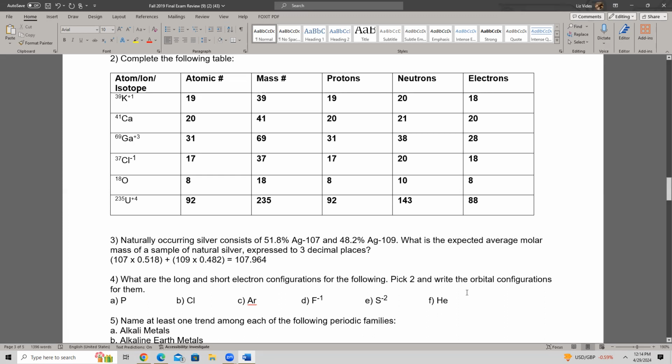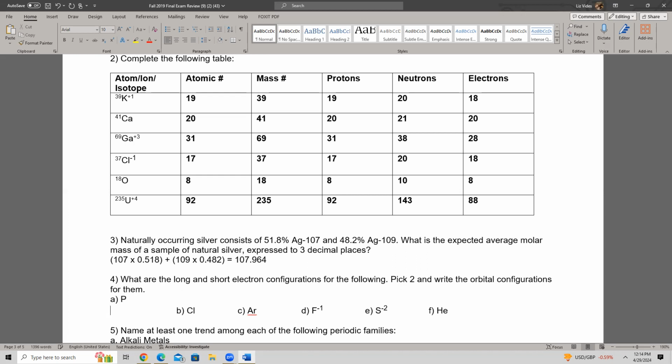All right, long and short. Okay, so I'm going to do A, C, and E. And I'm going to do the long, short electron configuration here. So 1s2, 2s2, 2p6, 3s2, 3p3. Okay, so remember, you have to follow the periodic table.